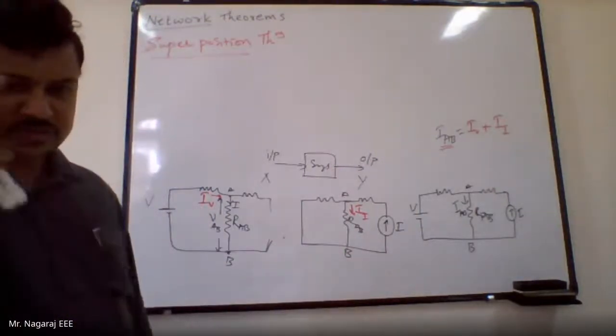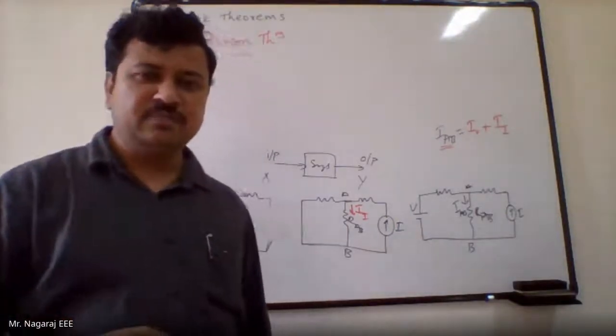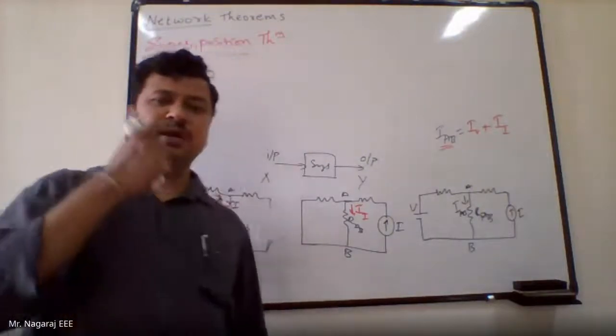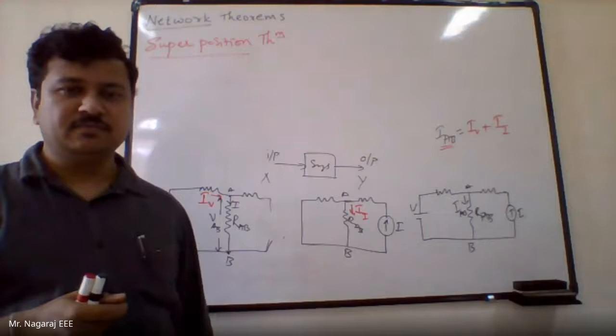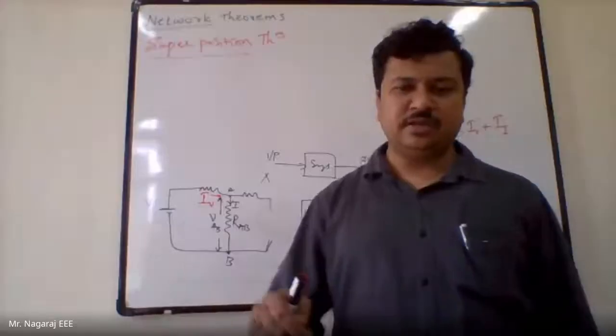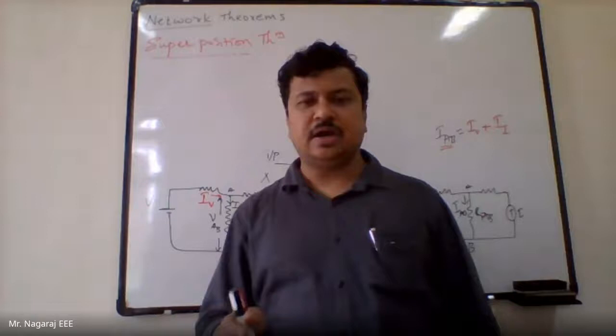Therefore, in the superposition theorem, whenever we have a multiple-source network with independent and dependent sources, if I want to solve it using the superposition theorem, then I should find the response across each element due to individual sources considered separately, keeping all independent sources inactive, that is, making their source value 0, and keeping all the dependent sources unaltered.